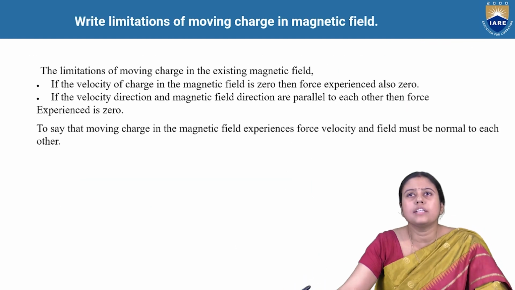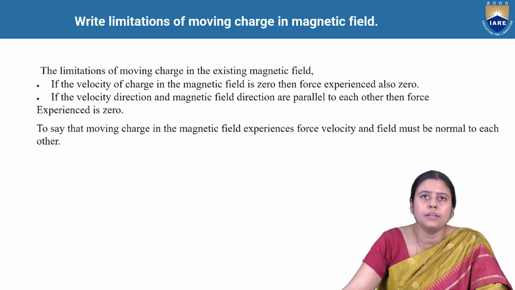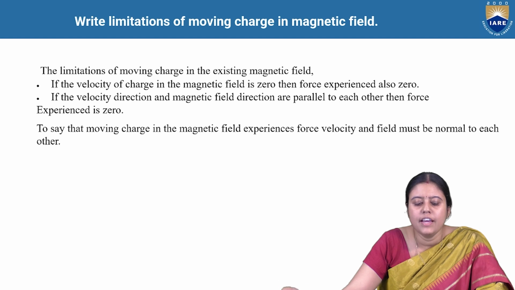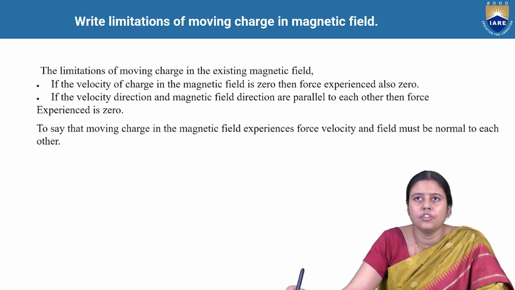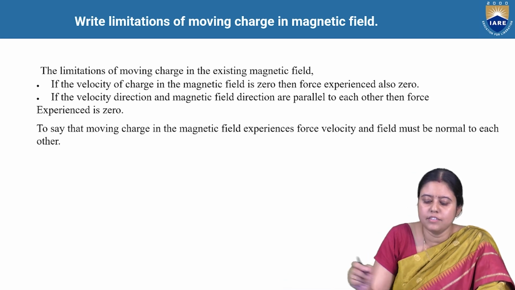Next, what are the limitations of a moving charge in a magnetic field? If the velocity of the charge in the magnetic field is 0, then the force experienced is 0. What does that mean?